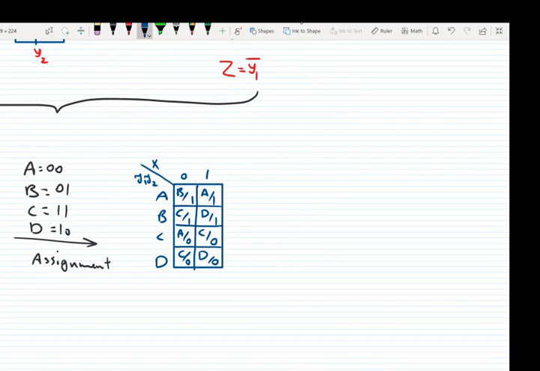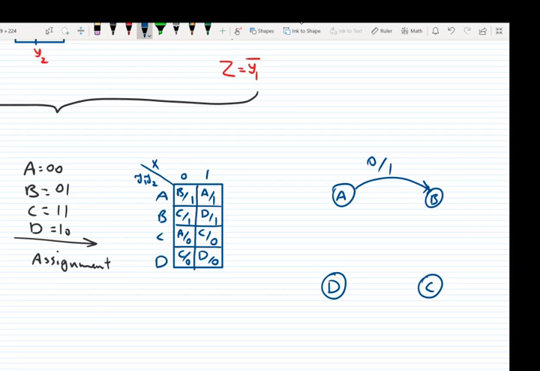If we go by drawing the state diagram, A, B, C, D. If we are in A, input is 0, we move to B and output is 1.